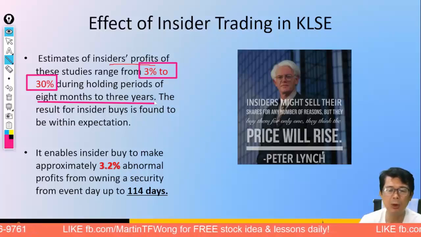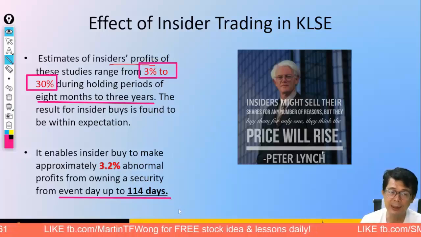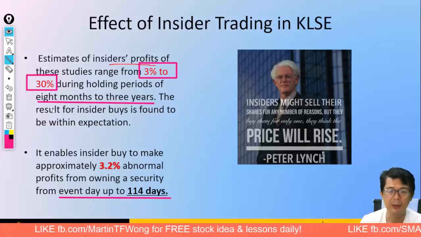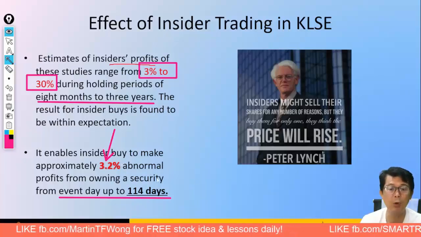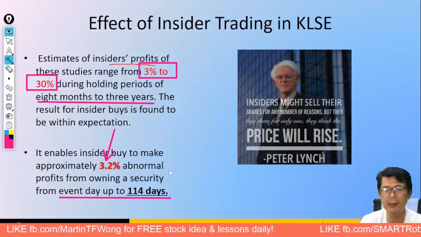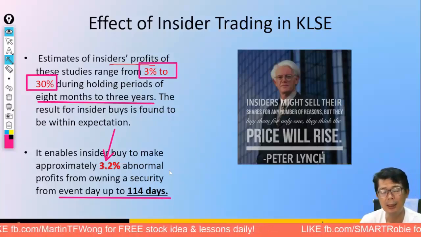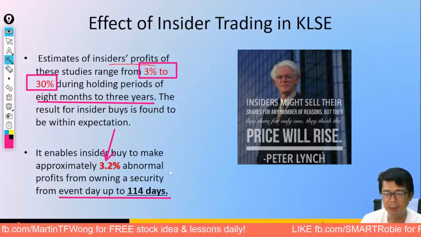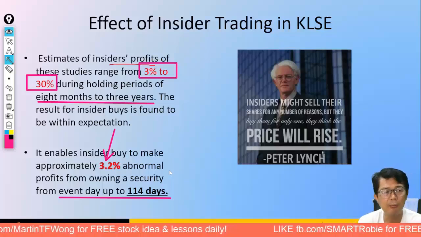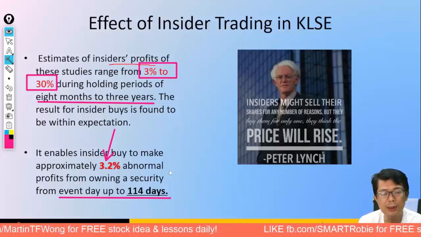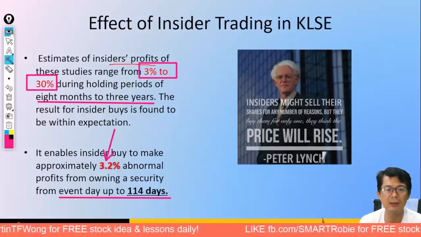We don't want to stay too long, because the event window here is up to 114 days, almost 3 months, and you can make a pretty good return, 3.2% abnormal return, if you own the securities from the day of buying up to almost 120 days. That's the research we assigned, and from this basis we use the insider buying screener.